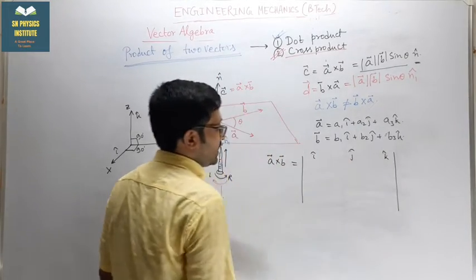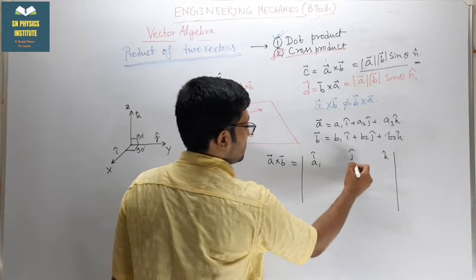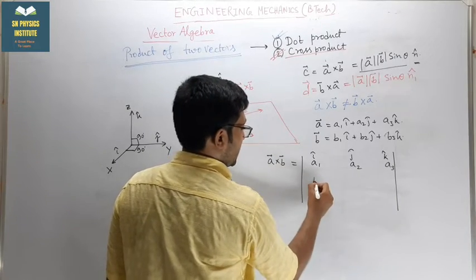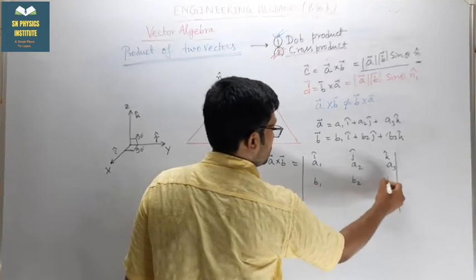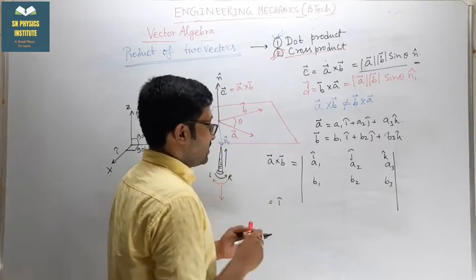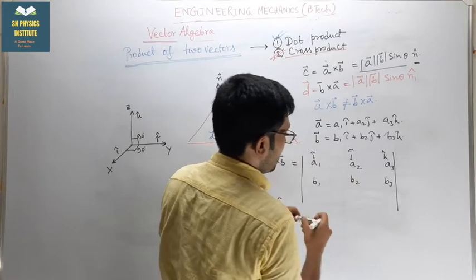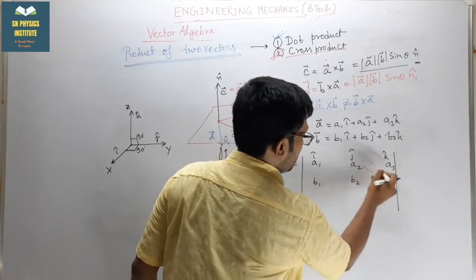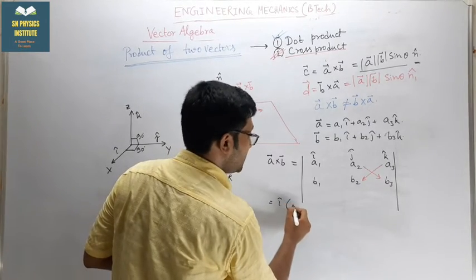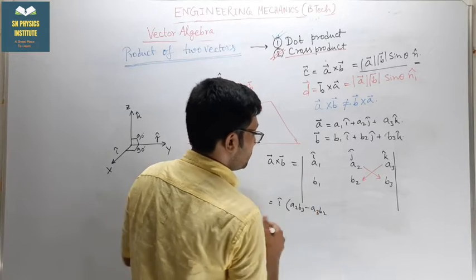First is A vector, you are writing A1, A2, A3, and in case of B vector, you are writing B1, B2, B3. So i cap means A2 B3 minus A3 B2.